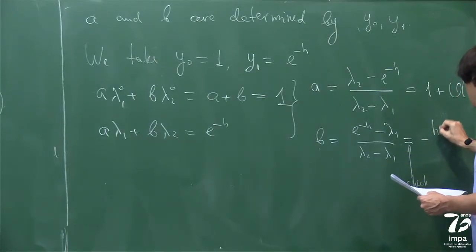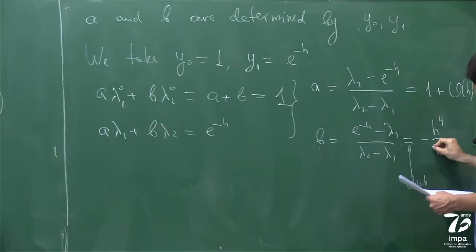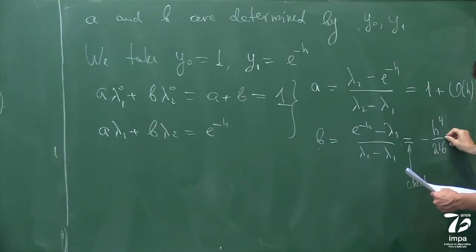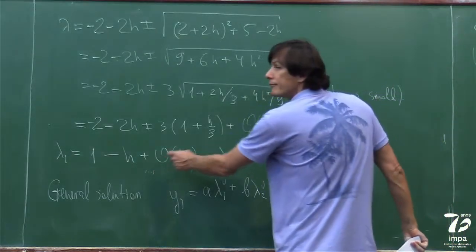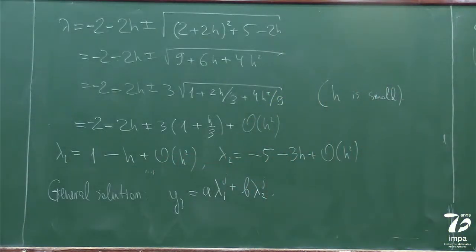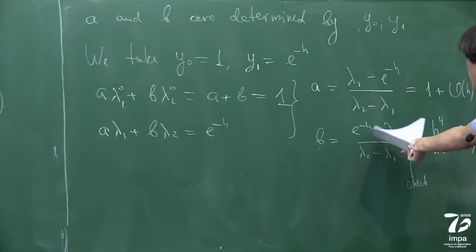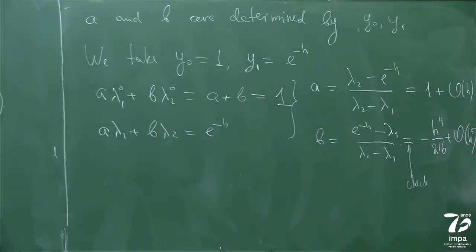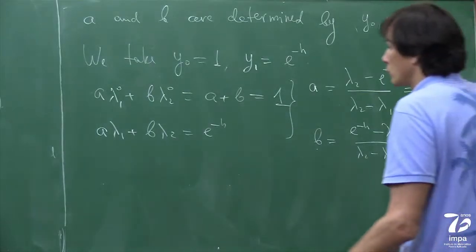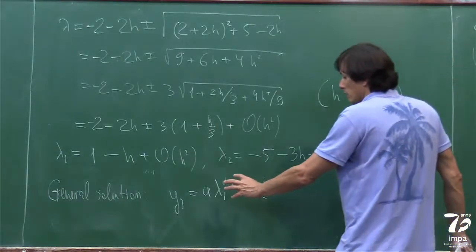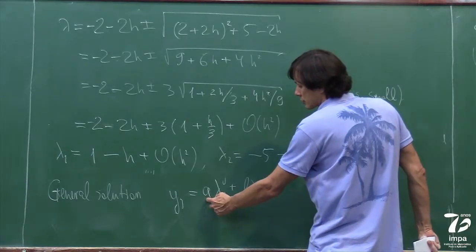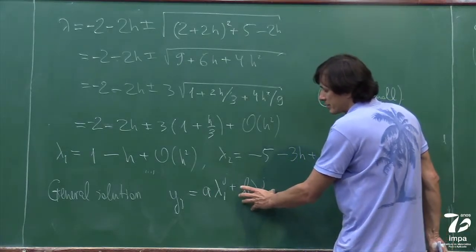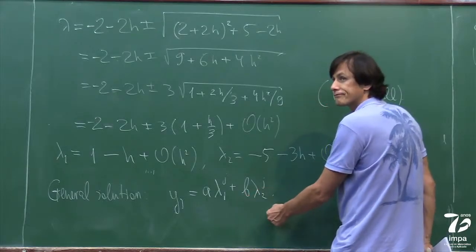This will be minus h^4, 2, 1, 6, so h^5. So you need to expand it better in order to have the correct numerator. So what you can see is that we have two terms. One, essentially, is big because the coefficient is essentially 1, and the other is in principle very small because B is h^4.